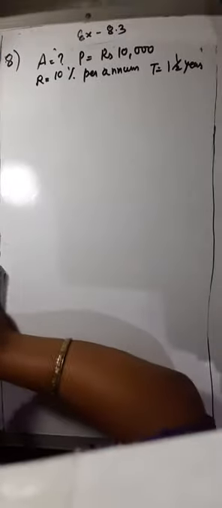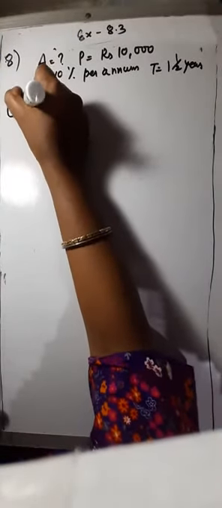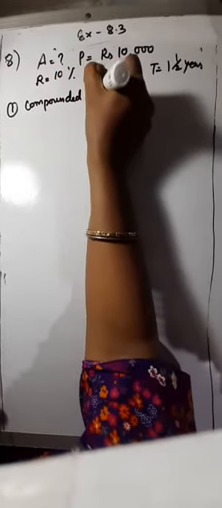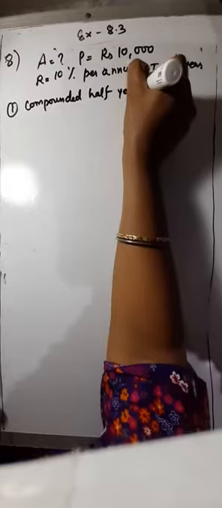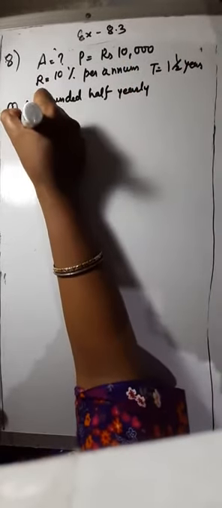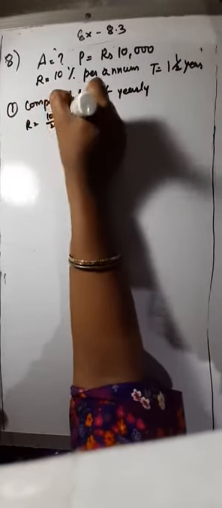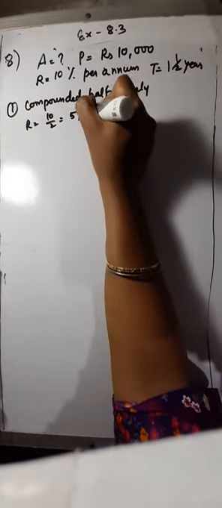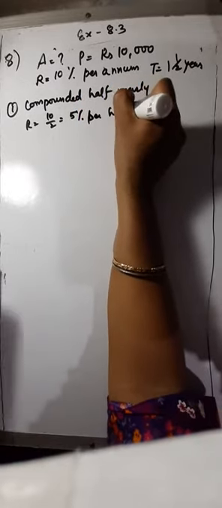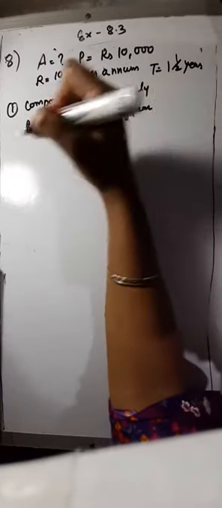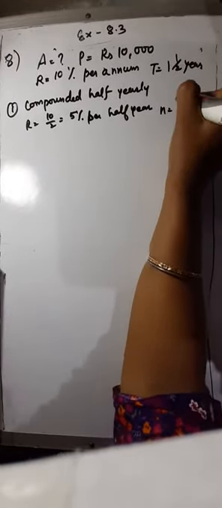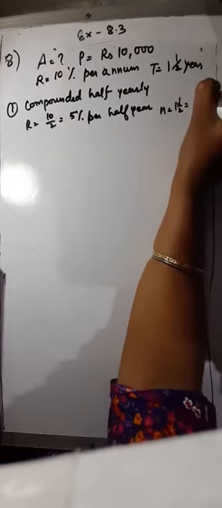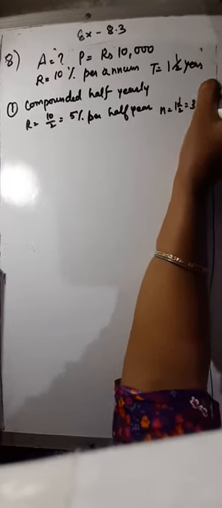First we find compounded half yearly. Then rate of interest is 10 by 2 is 5% per half year. And n is equal to 3 half years.